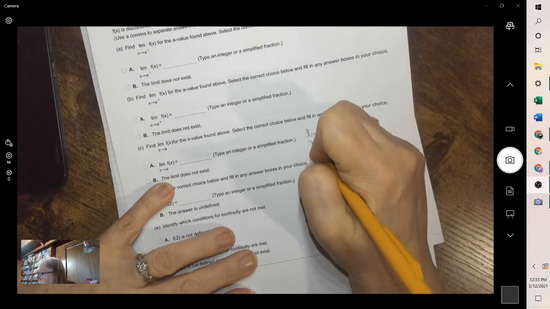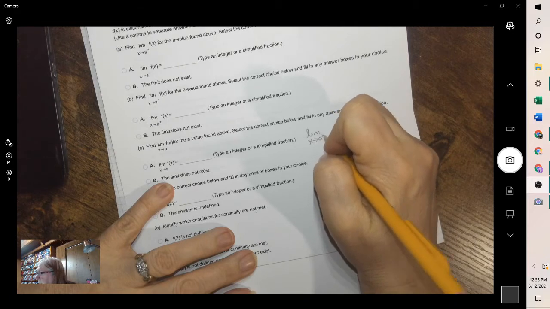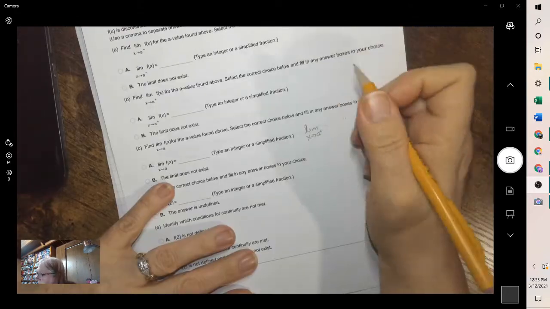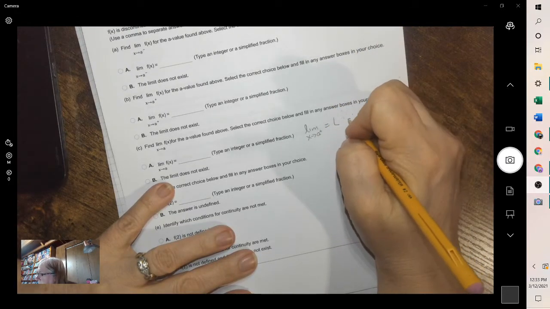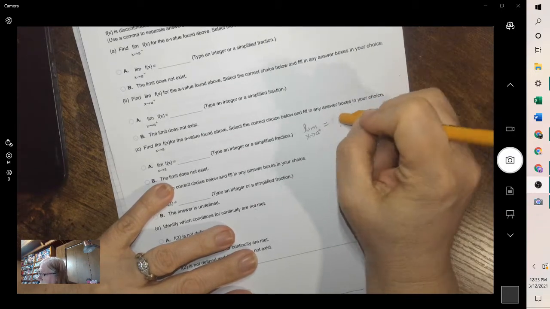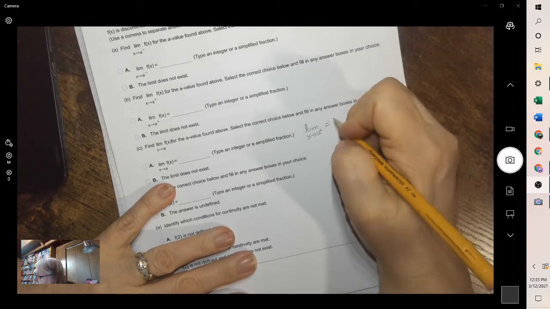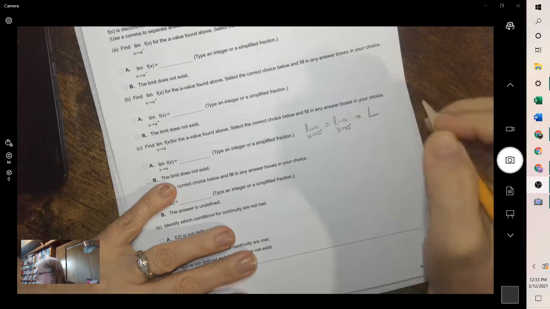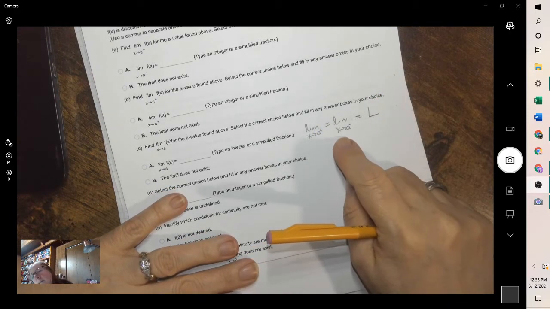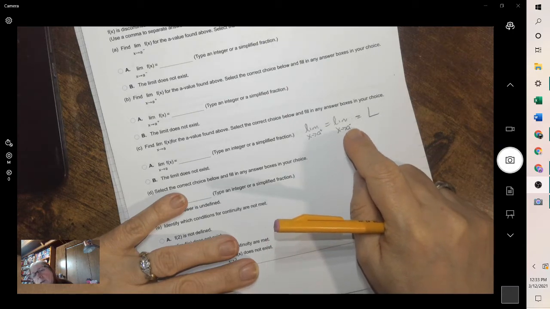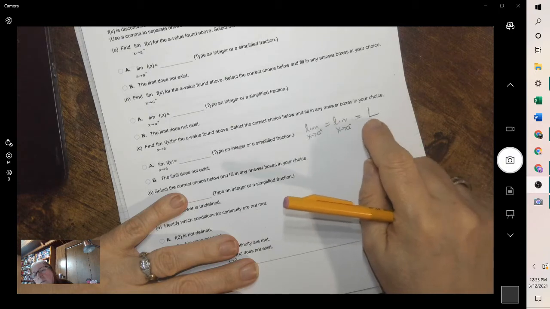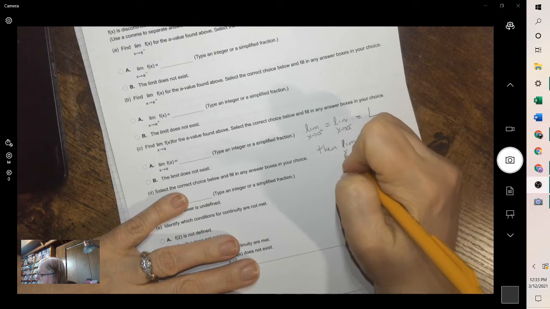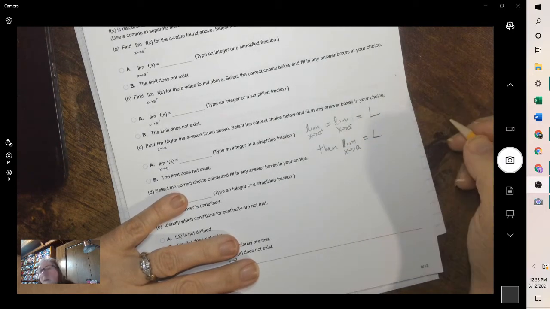If the limit as x approaches a from the left and the limit as x approaches a from the right are both equal, and we'll say they equal L, then the limit as x approaches a also equals that value.